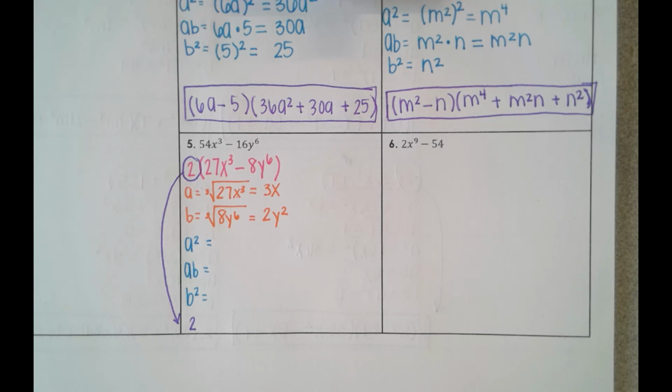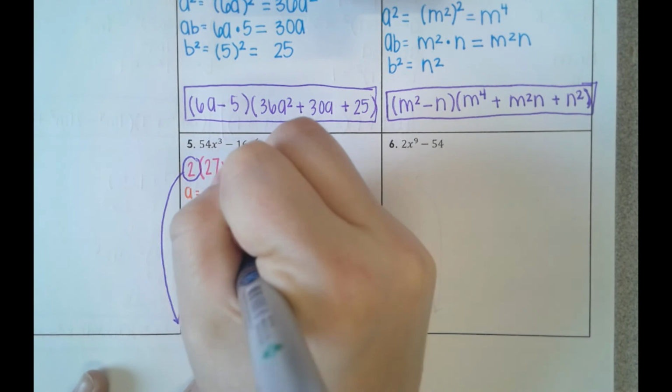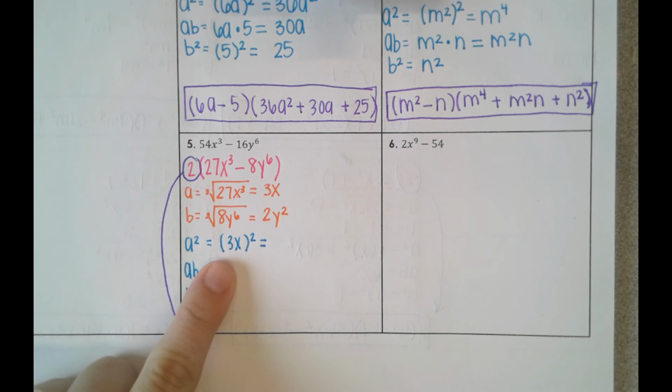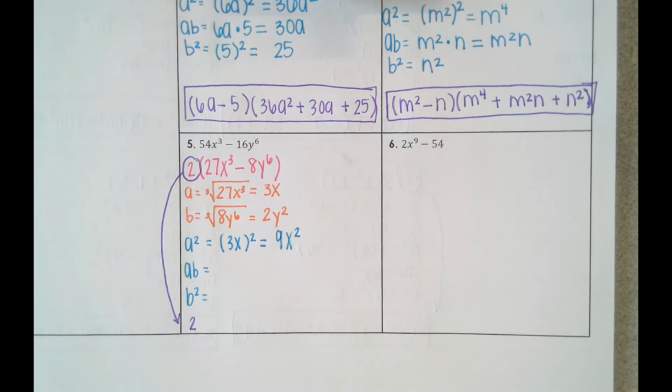All right. So for my a squared, I have to square the 3x. You've got to square both the number and the letter. 3 squared is 9, and then x squared is x squared.